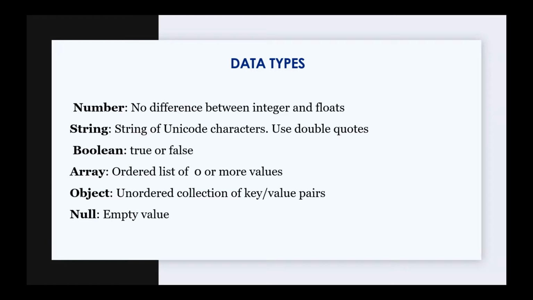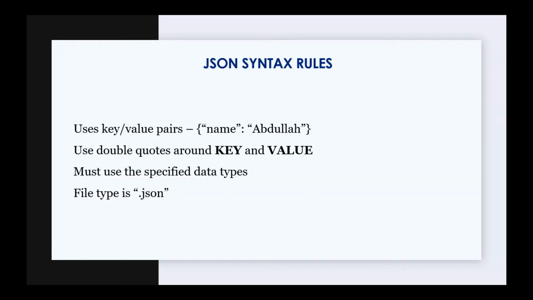We can also use boolean as true or false. It also contains an ordered list of more than one value as an array, and objects contain unordered collections of key and value pairs, and it can be null or an empty value, meaning that we don't assign any value to an object.